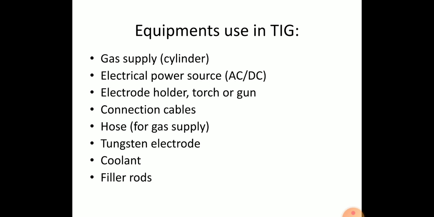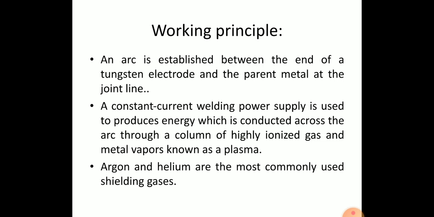Equipment used in TIG welding: gas supply cylinder, electric power source AC or DC, electrode holder, torch or gun, connection cable, hose for gas supply, tungsten electrode, coolant, and filler rod. The working principle of TIG welding is that an arc is established between the end of a tungsten electrode and the parent metal at the joining line.